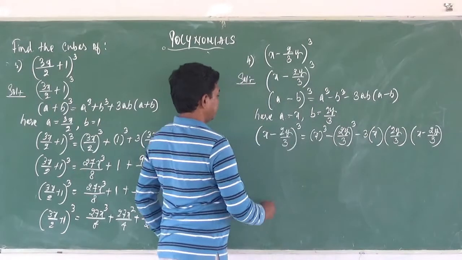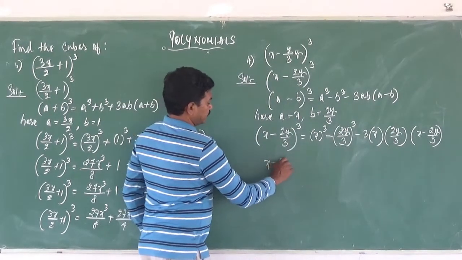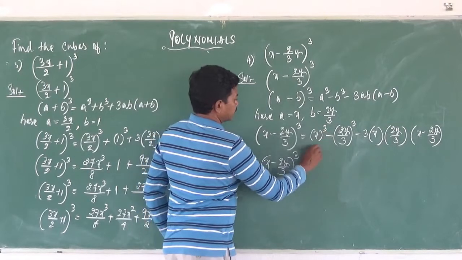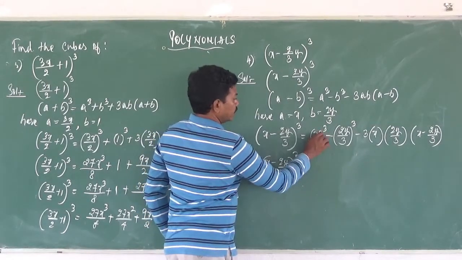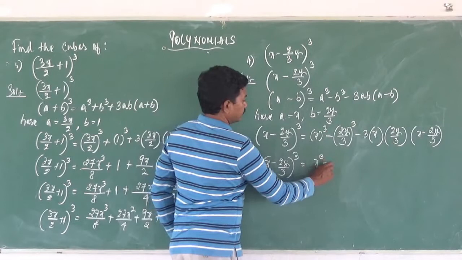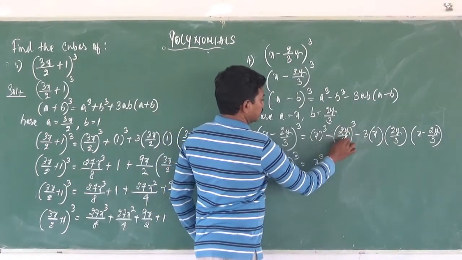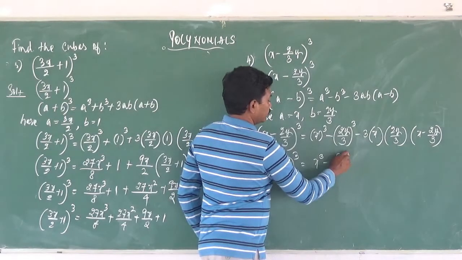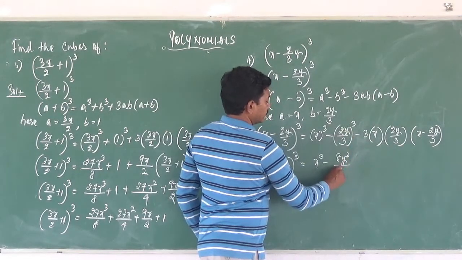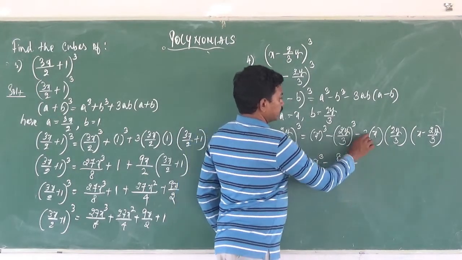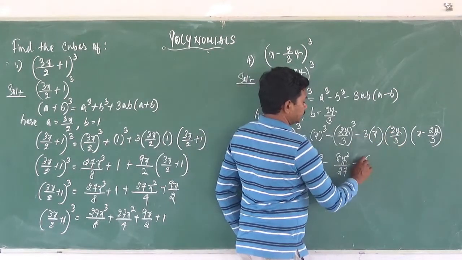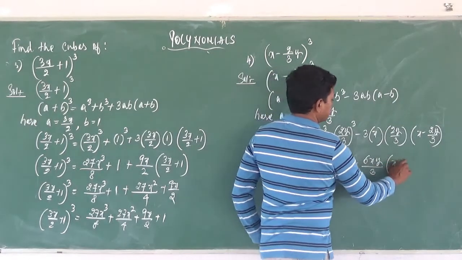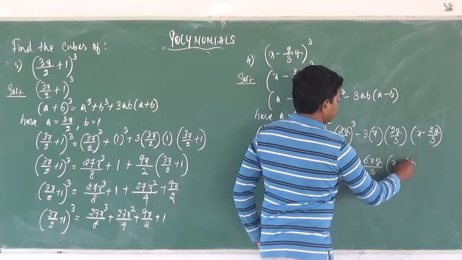Okay, we will multiply. x whole cube is x to the power 1 into 3, that is x cube, minus, this cube applies for all the three terms, so 2 cube is 8, y cube is y cube, by 3 cube is 27, minus 3 into x into 2y is 6xy by 3 into (x − 2y/3).